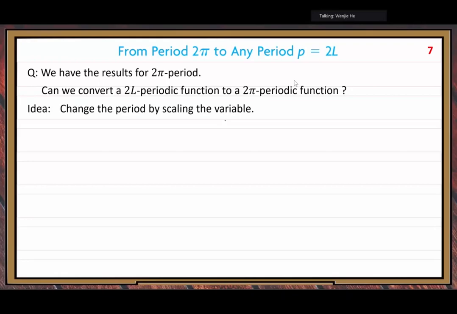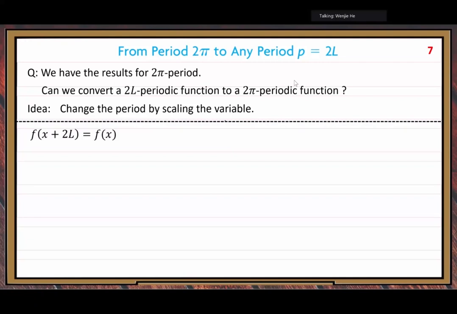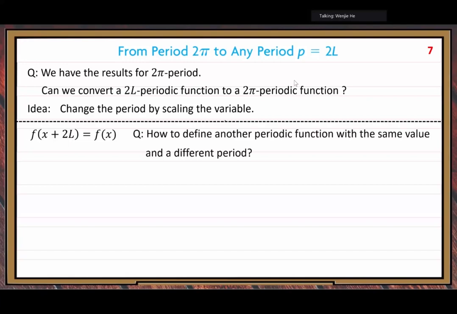We change the period by scaling the variable. We just stretch the interval. The period is 2 pi. How do we define another periodic function with the same values and a different period? Now we want to do some transformation.